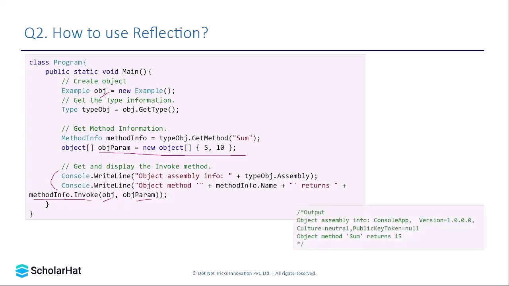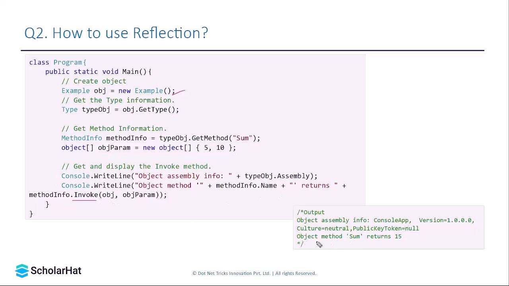First of all, we display the assembly info by the typeObject.Assembly property, and it tells us that it's a console application, its version is 1.0.0.0, its culture is neutral, and the public key token is null. These are all the assembly details retrieved from this line of code, that is typeObject.Assembly. Now the next statement invokes the method of this Example class.